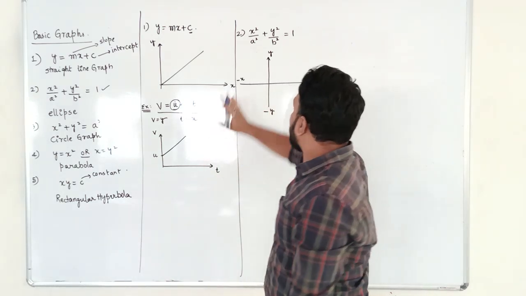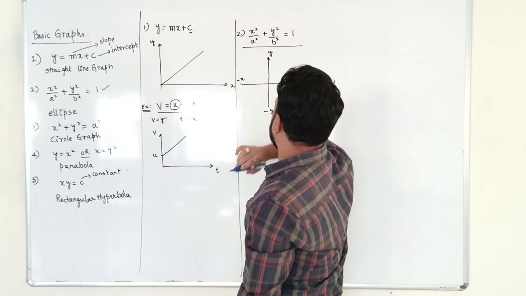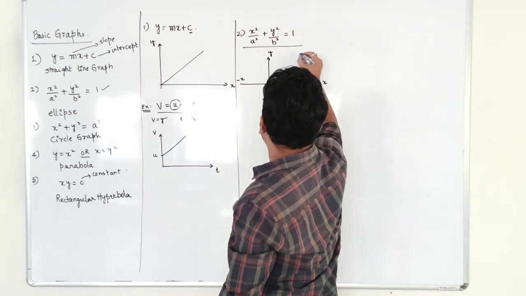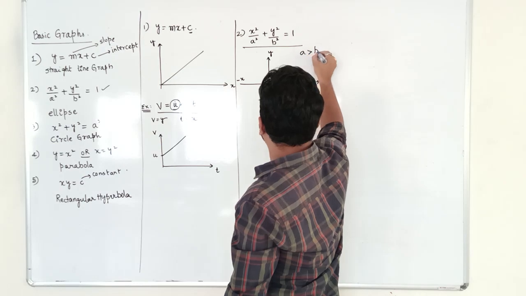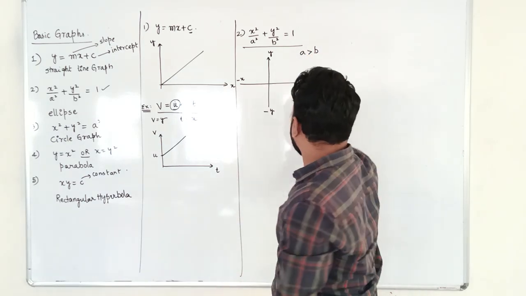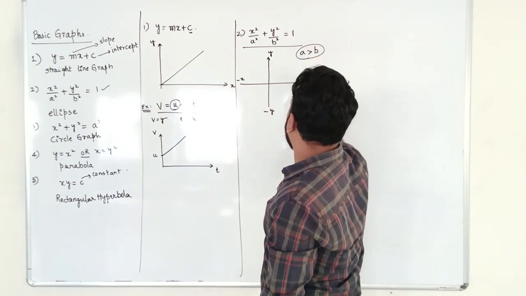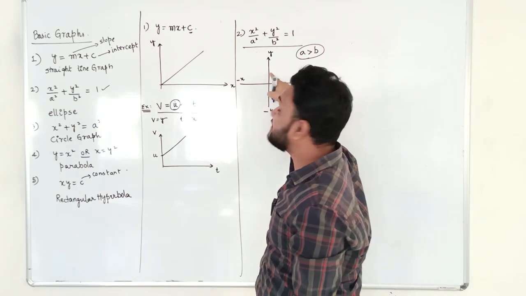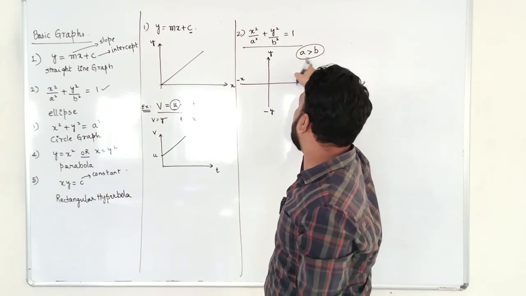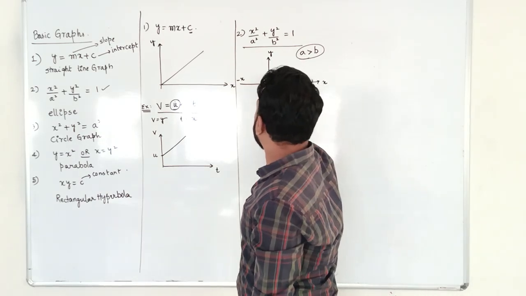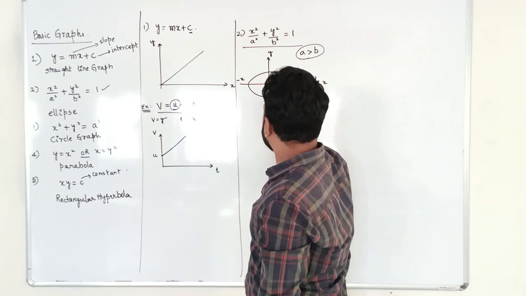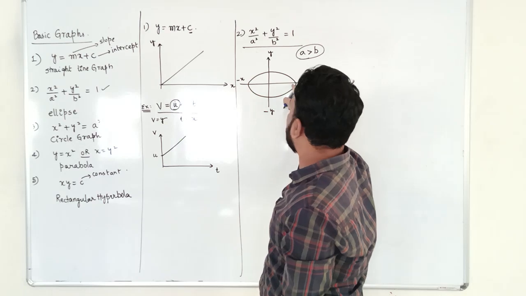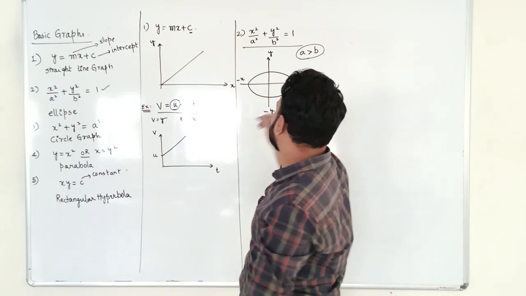See here. Now in this equation, if I say a greater than b, it means in the x-axis a is greater, and in the y-axis b is lesser than a. Now simply we will take it like this. See, in the x it is greater, no? It exactly looks like this.